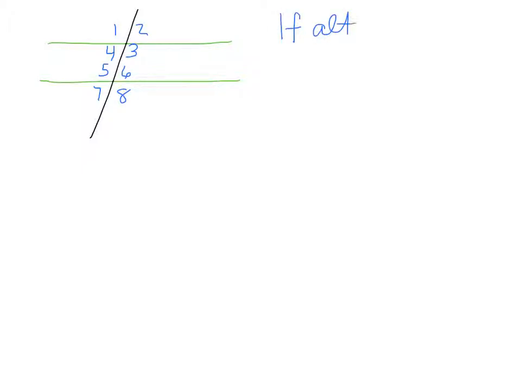Okay. Next version. So if I draw my lines again, and we'll put in the same angles just for fun. What other angles do we have? We talked about alternate exterior angles, right? So if alternate exterior angles are congruent, then the lines are parallel.